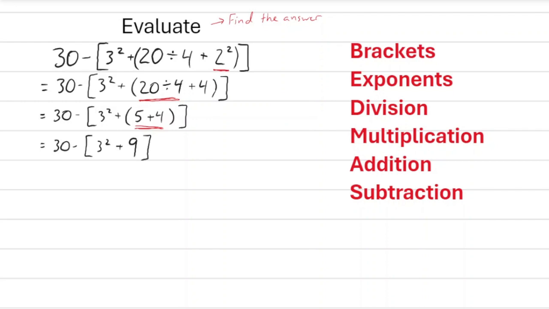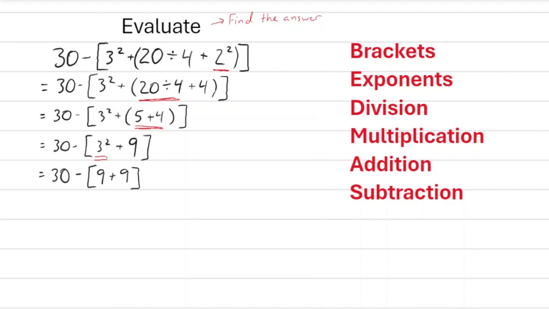So now that I've done the inner set of brackets, I can look at the square brackets. And the first thing I notice is that, again, following BEDMAS, I see an exponent, 3 squared. So let's do that first. So 3 squared is 9, plus 9 again. And the last set in that bracket, 9 plus 9.